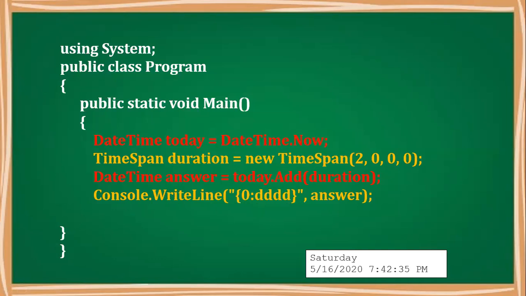Or there is another option: you can convert this particular answer into a string and then print, or you can use the option that is present in front of you. Remember, because it is in the format of DateTime, it is an object and we cannot print it directly on screen, so we can use this particular syntax, or we can convert the answer into a string and then print.